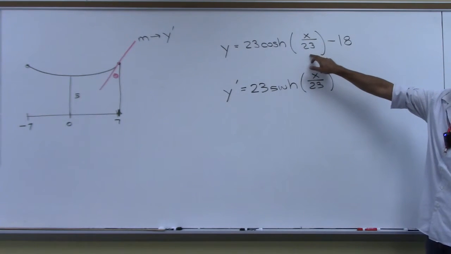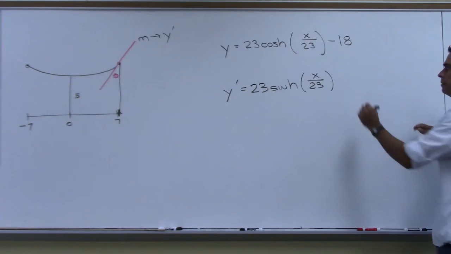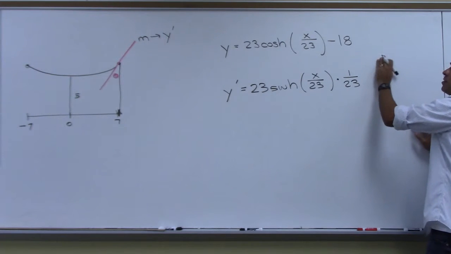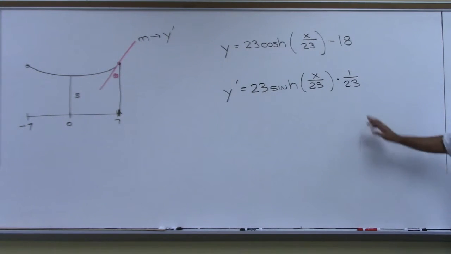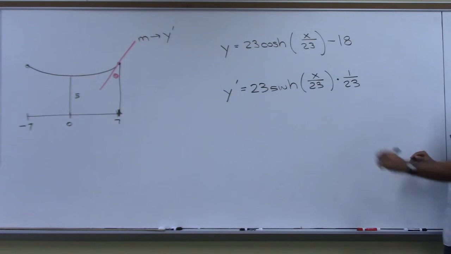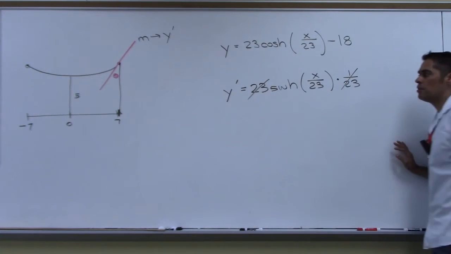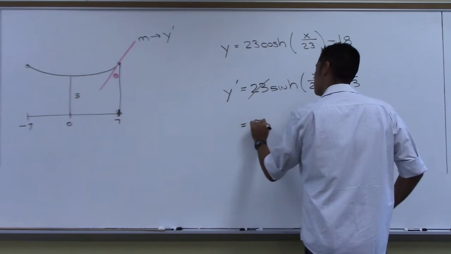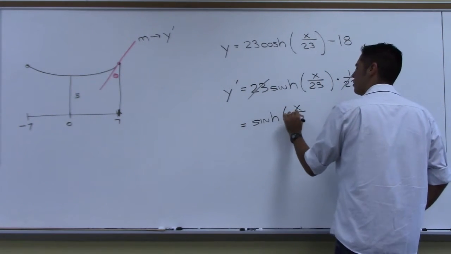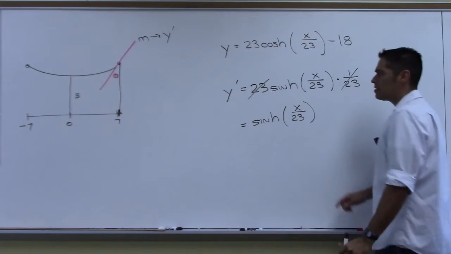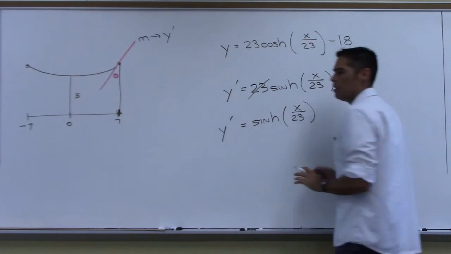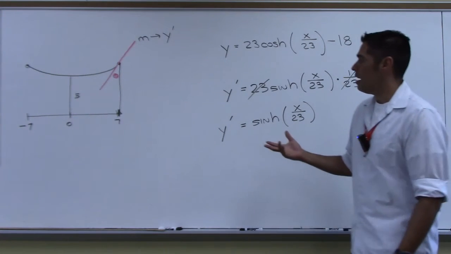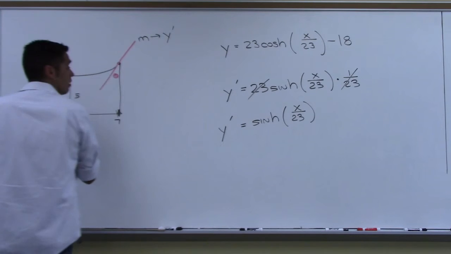What is the derivative of what's in here? 1 over 23. And then minus the derivative of 18, which is 0. Is everyone comfortable with the 1 over 23? Yes? That 1 over 23 and the 23 cancel. So all you're left with is hyperbolic sine of x over 23. That's the derivative of the catenary, which represents the slope of the tangent line at any point on the curve.